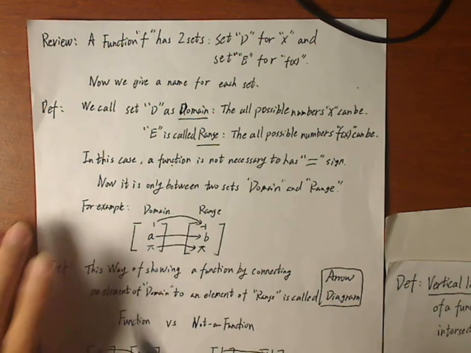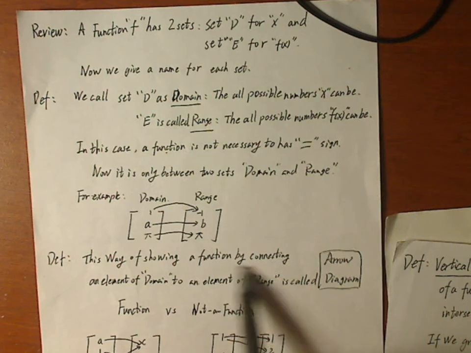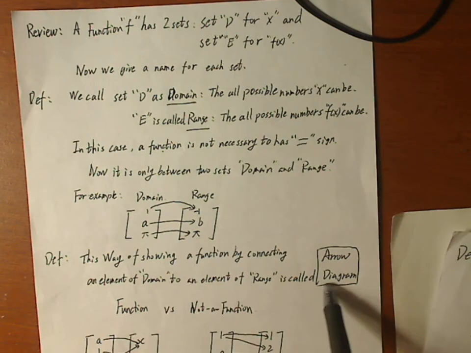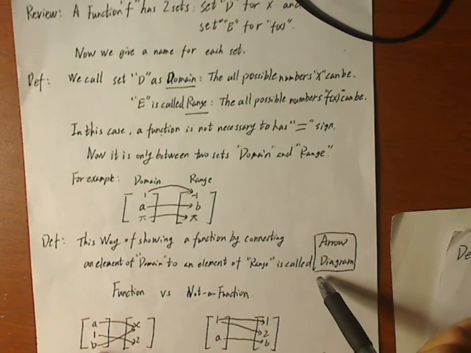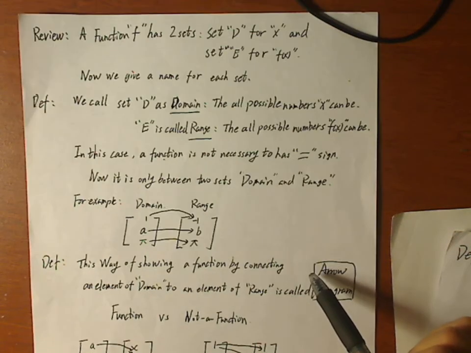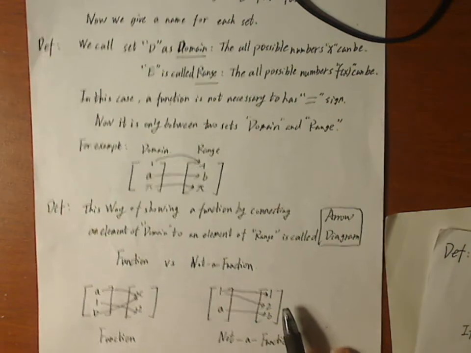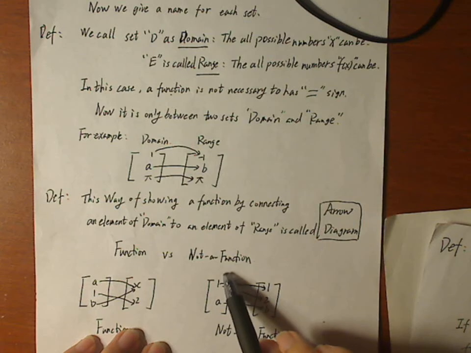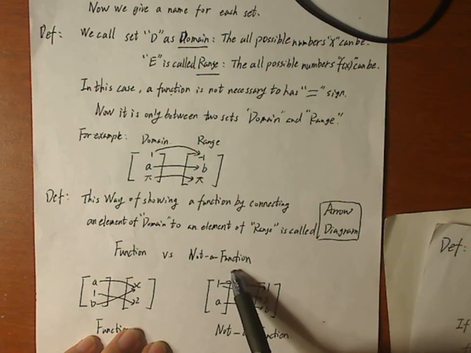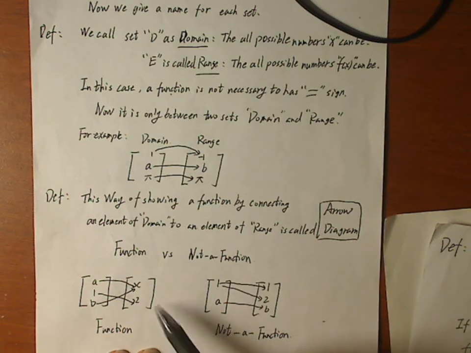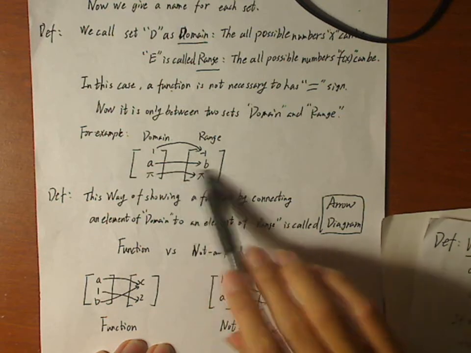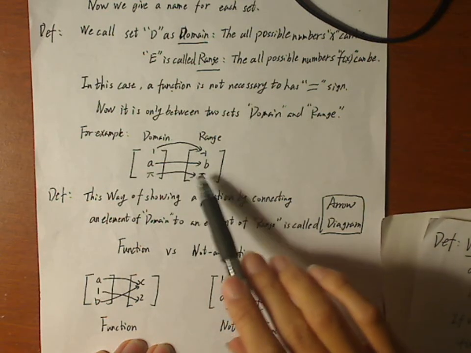This way of showing a function, by connecting an element of the domain to an element of the range, is called an arrow diagram. Now, to check this kind of expression, we just draw a diagram.